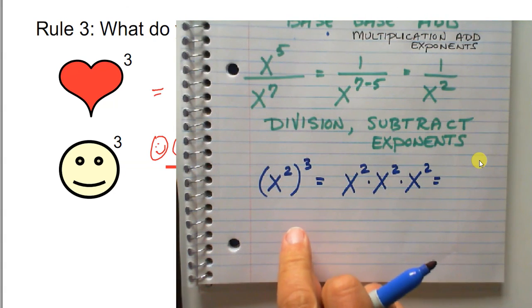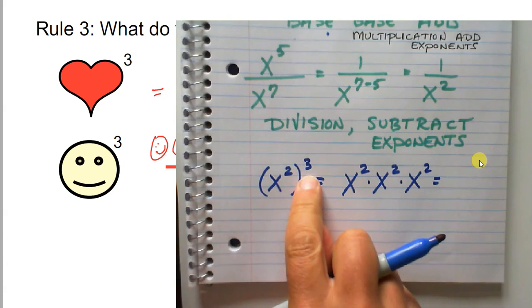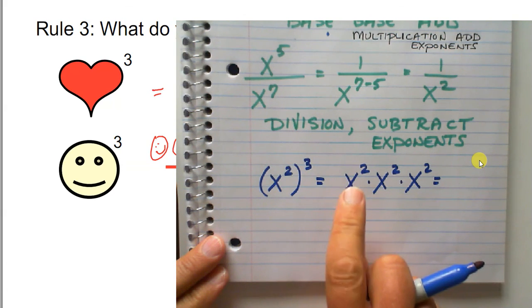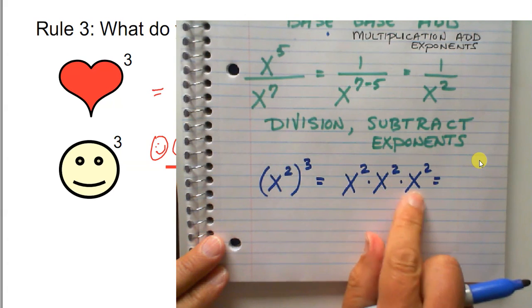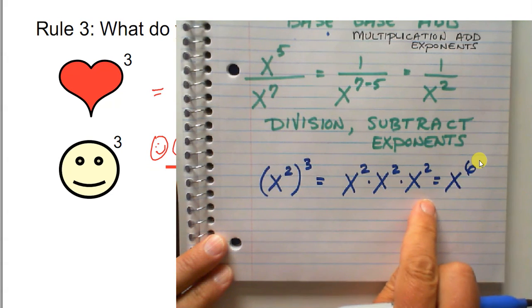It's x squared times x squared times x squared, because the third is just saying, hey, multiply it 3 times. Which is x to the what? X to the 6th, because this is base add.